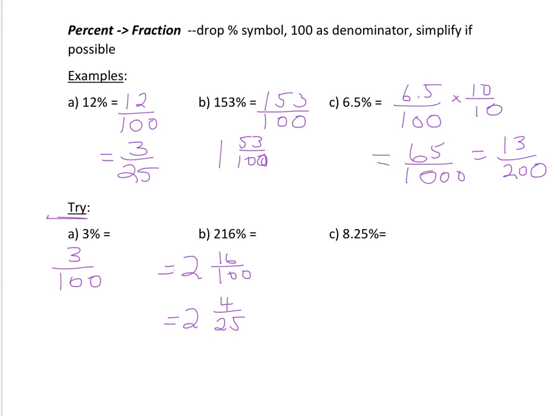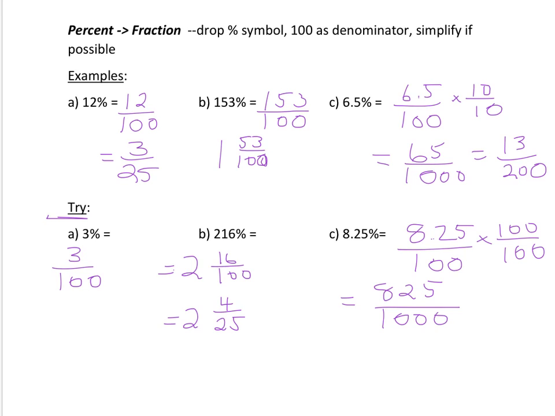And 8.25% becomes 8.25 over 100. And we actually need to multiply by 100 because we have 2 decimal places there. So we'll multiply numerator and denominator by 100. You don't need to write that part out. But then we get 825. So now we have a whole number in the numerator over 10,000. And that's going to reduce by something.